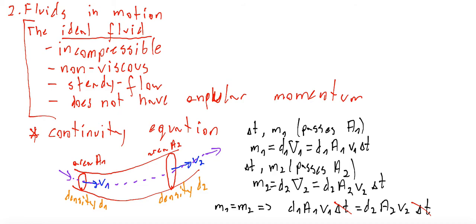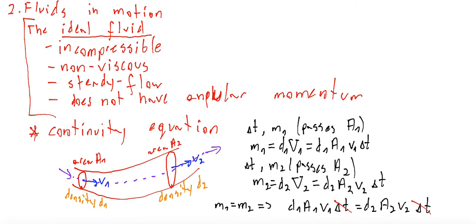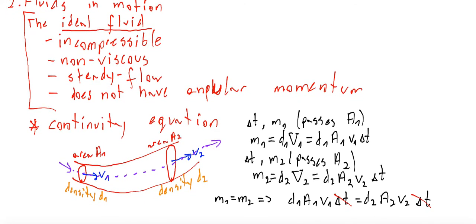And of course, we can say that the density of fluid in area A1 is the same as the density of fluid in area A2. Why? Because the fluid is incompressible. If it's incompressible, then density must be constant. So due to the fact that this is ideal fluid, we can write that density 1 is equal to density 2.